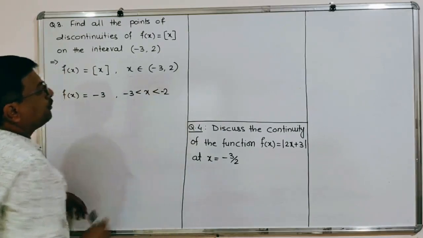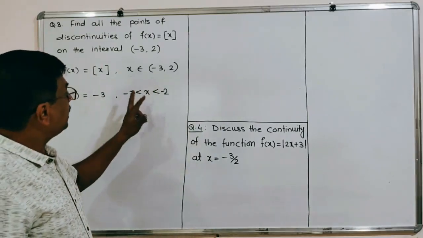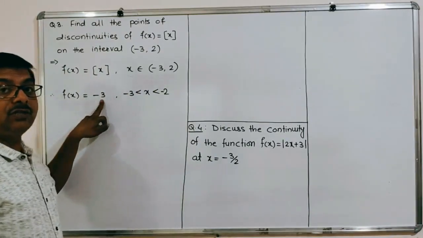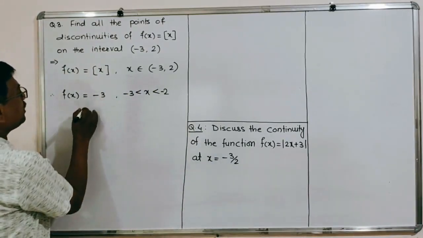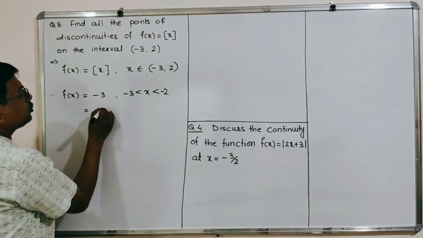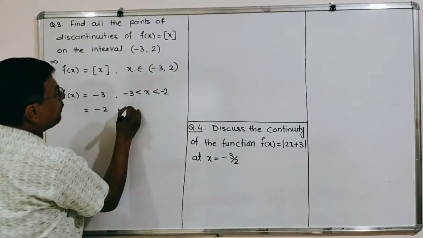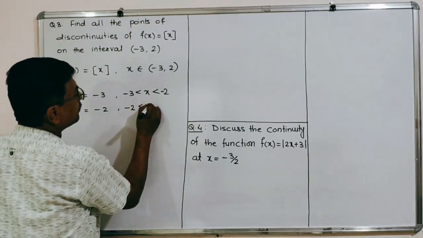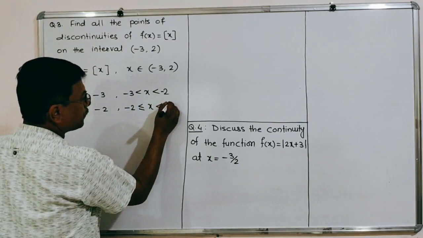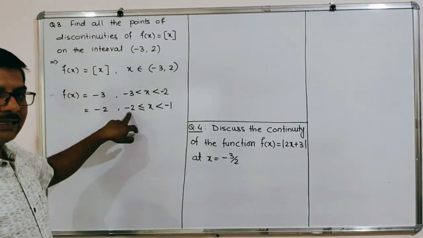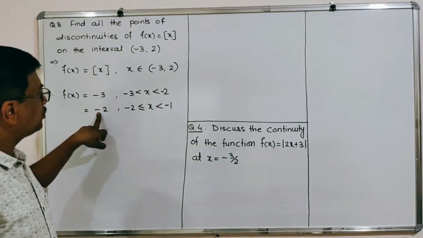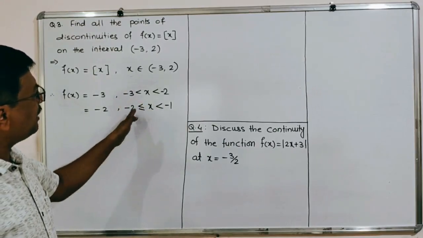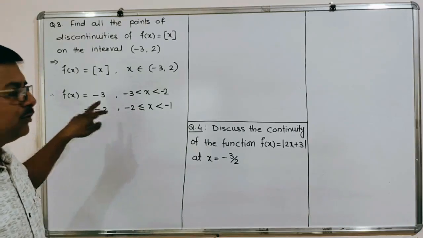It will be -2 for all the values of x between -2 and -1, for step of -2 it is also -2, and from -1.9 to -1.5 for all those values we will always get -2.